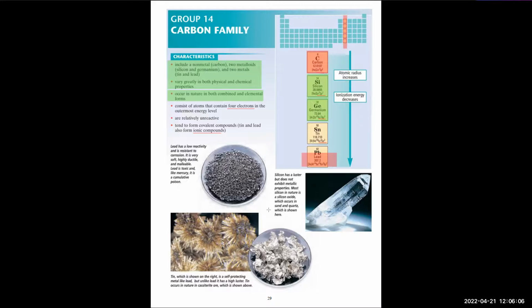It is very soft. Compared to other elements, lead is a very soft metal. It is highly ductile, that means that it can be shaped into different forms, and malleable, that it can be bent. Lead is toxic, as well as mercury, and it is a poison that could be cumulative.